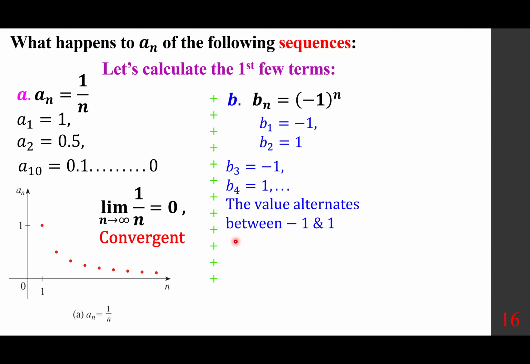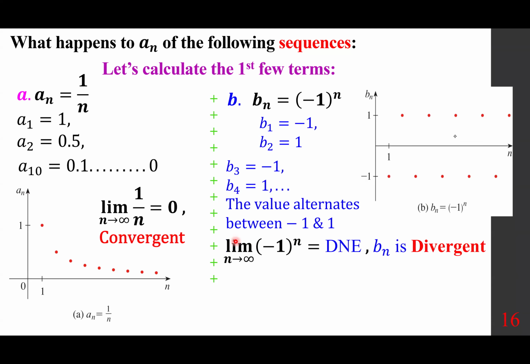If that's the case, it doesn't settle, so the limit doesn't exist. It's divergent. The limit does not exist. And if you graph it, the points oscillate up and down, up and down.